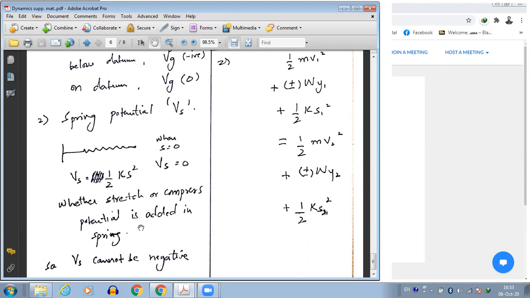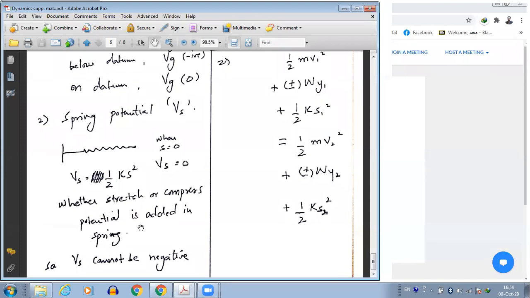Because I added potential energy into the spring while I was stretching it. So in the case of spring potential, it can never be negative. The minimum can be 0 when it is in the original state. If you compress it, you are adding potential. If you stretch it, you are adding potential. Do you get the point here or not? Is it clear?